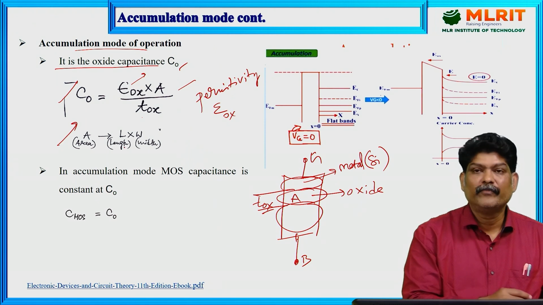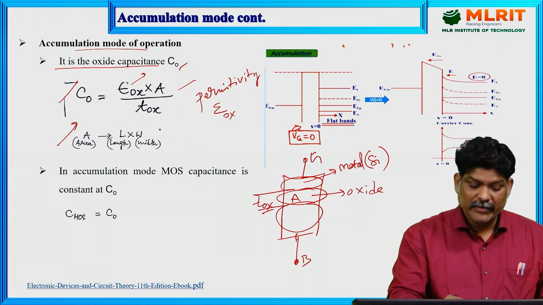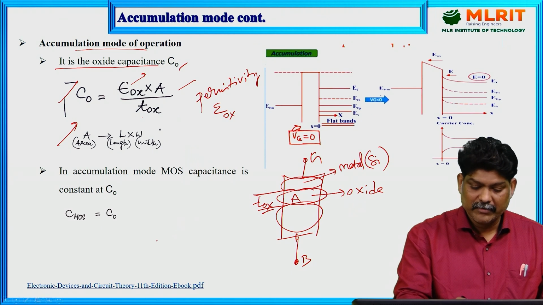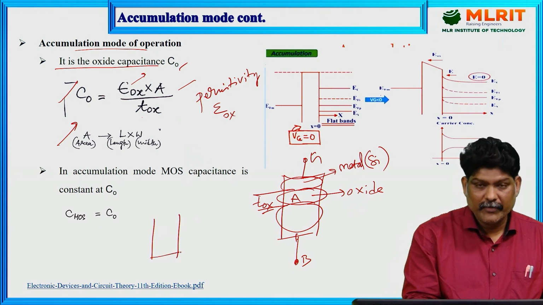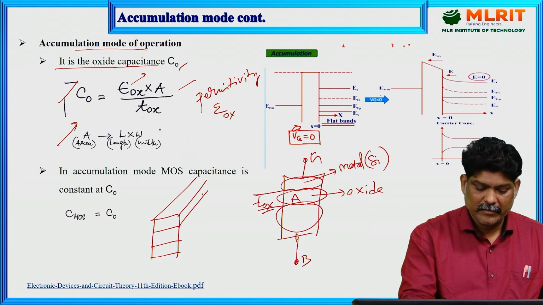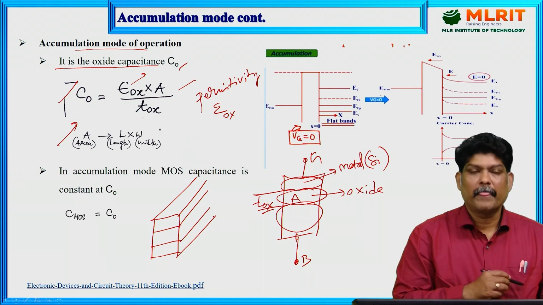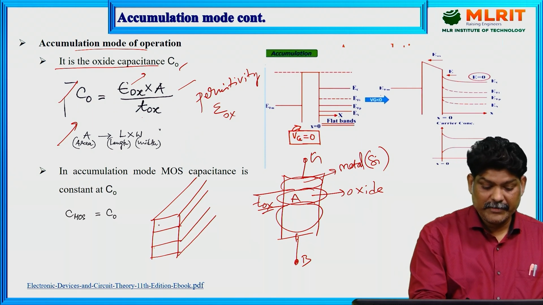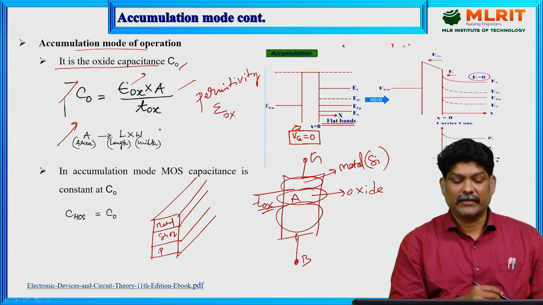length into width. How do we get this length and width? See here, if you observe, this is the three-layer structure: metal, SiO2 layer, and P-type or N-type semiconductor.